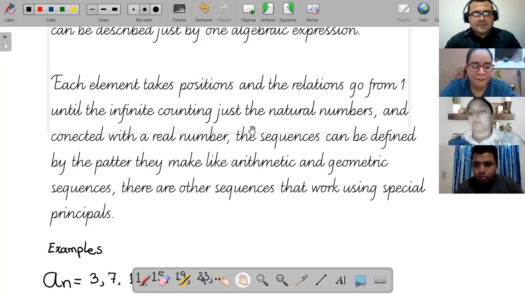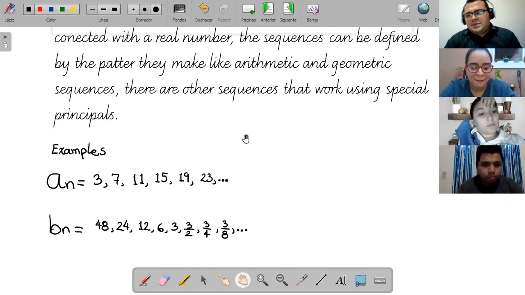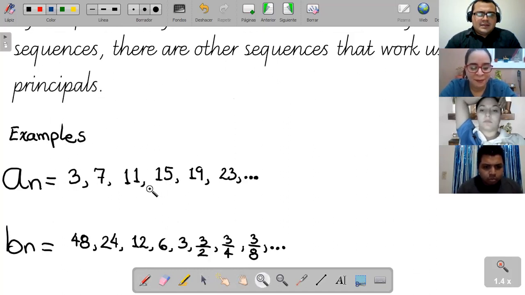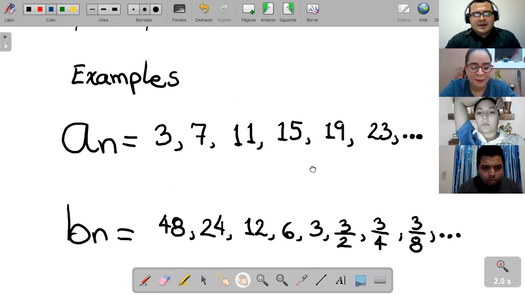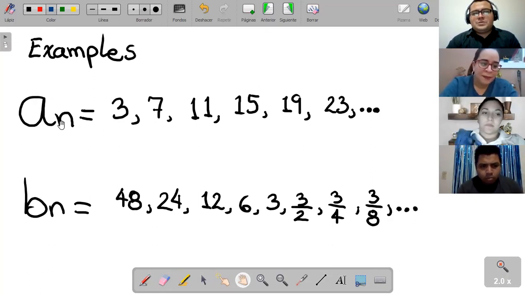That's the main idea. So we're going to focus on this example and probably you can help me to discover what is the next element. Let's see the first sequence. And this is the notation, okay? It's a lowercase letter, but very big, and the letter N, which means sequence in mathematics.